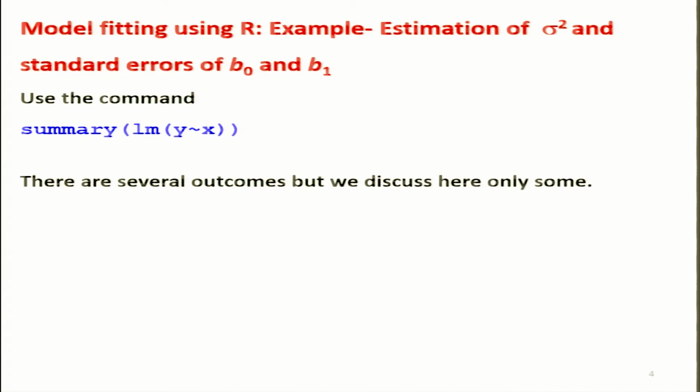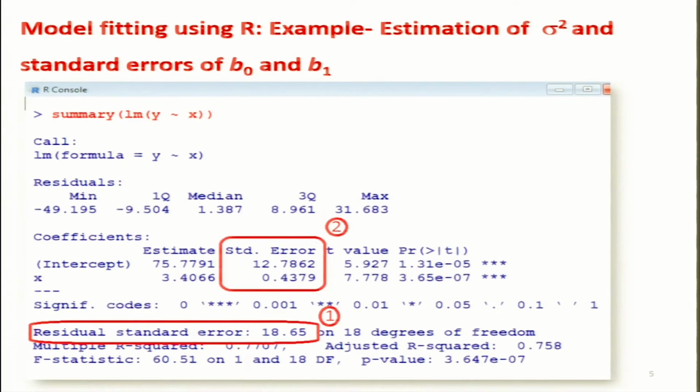But before that, in order to extract the information on the variances of B 0 and B 1, meaning their estimates, and the value of sigma square, we use the command summary of lm y tilde x. This command will give you several outcomes, and you have to identify which of them gives you the standard errors of B 0, B 1 as well as the value of sigma square.